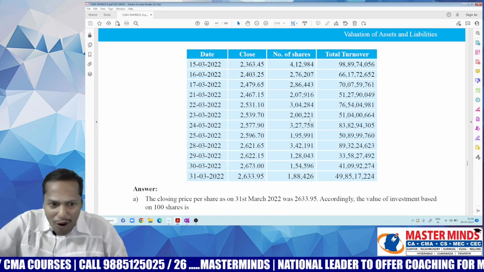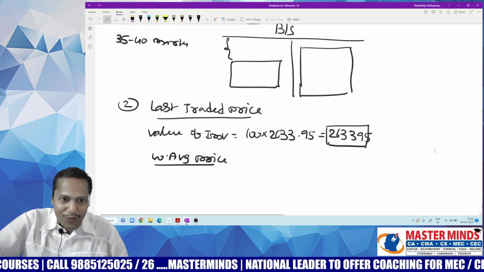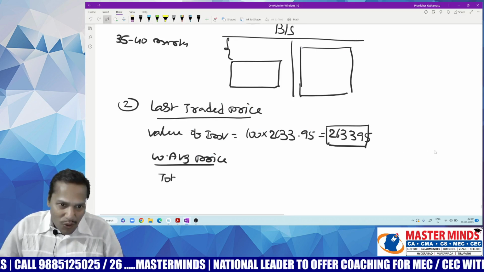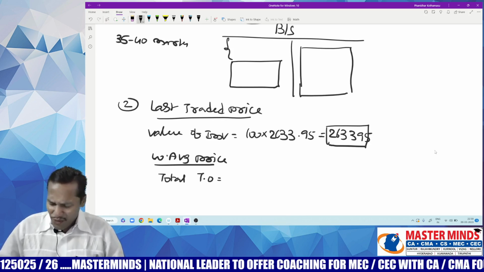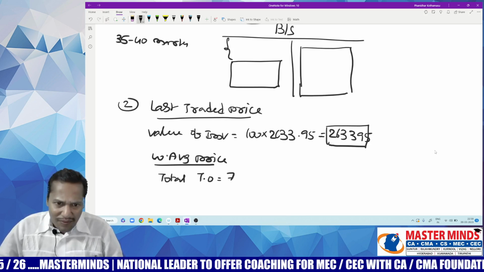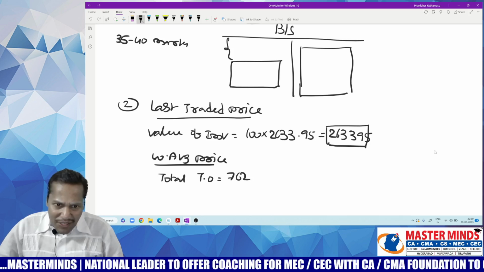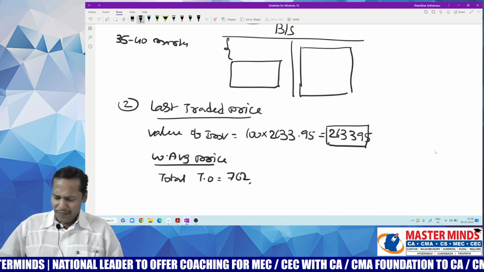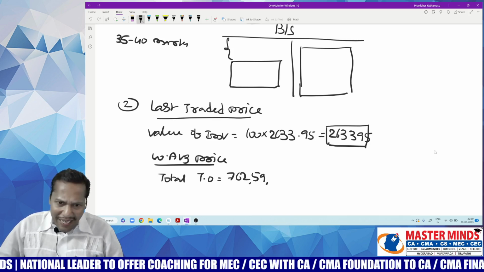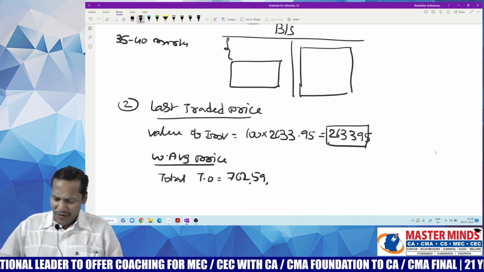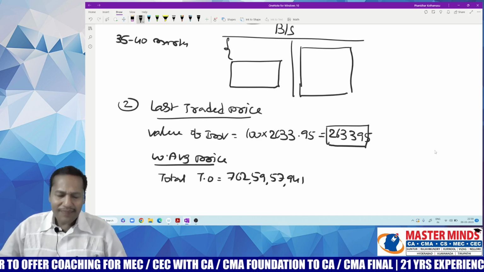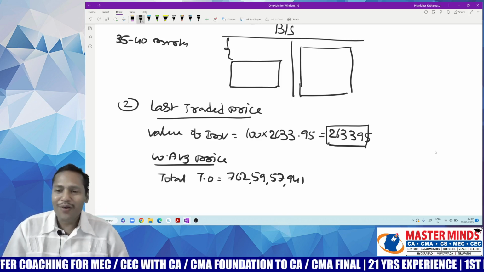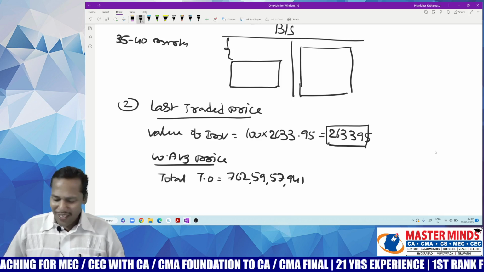Total turnover of all 12 days put together comes to 762 crores 59 lakh 57,941. This is a total turnover for all the 12 days put together.